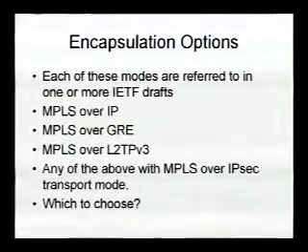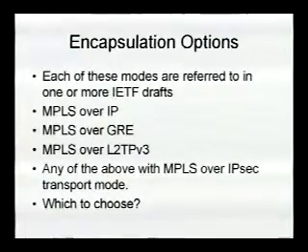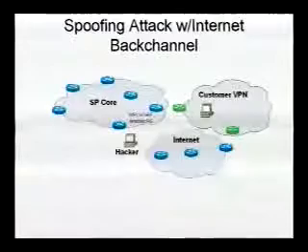There's no IPsec tunnel mode. To IPsec, it looks like transport mode. It looks like two hosts speaking to one another. So there's something else in there doing the MPLS tunneling, like MPLS over IP, GRE, L2TPv3. And IPsec is bolted on for transport level securing of that connection. So really, just from these alone, you've got 6 different options. So which do you choose?